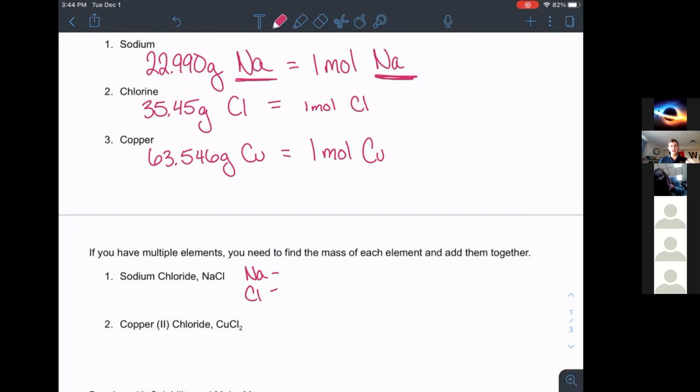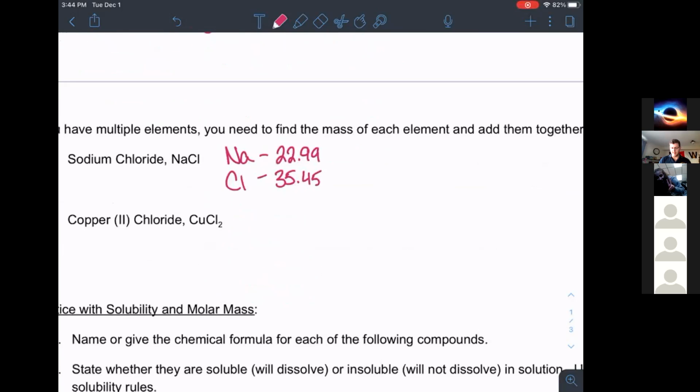So we know the molar mass of sodium is 22.99, and we know the molar mass of chlorine is 35.45. We're going to take those two numbers and add them together. When we add those two numbers together, what do we get? 58.44.